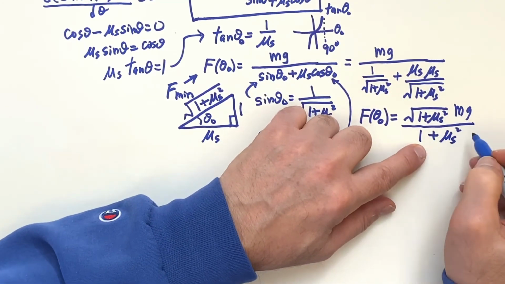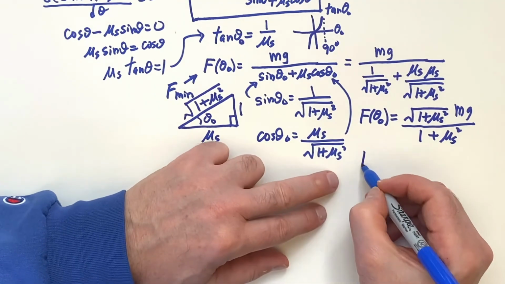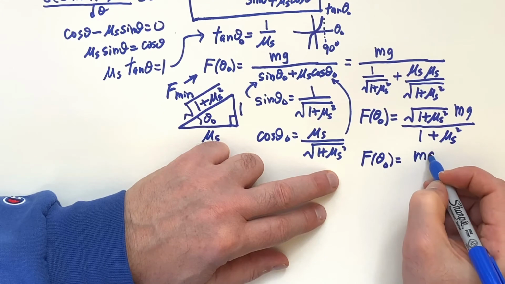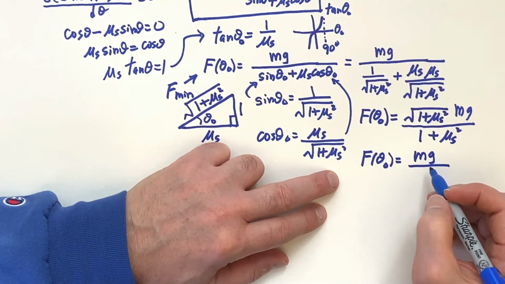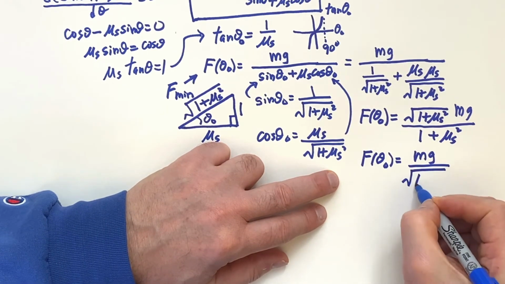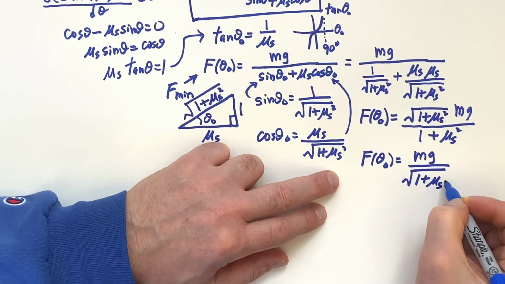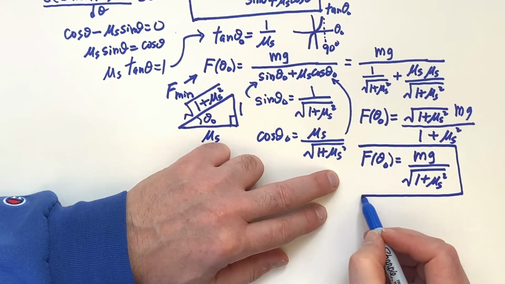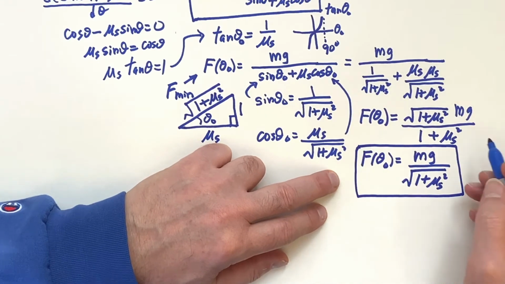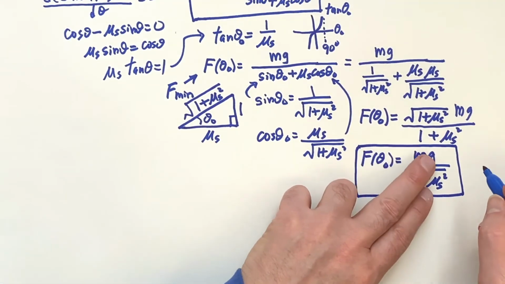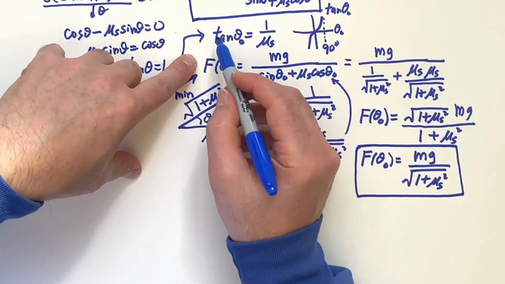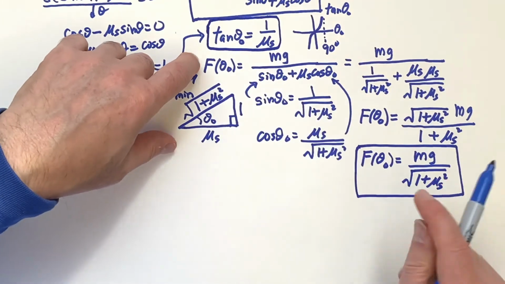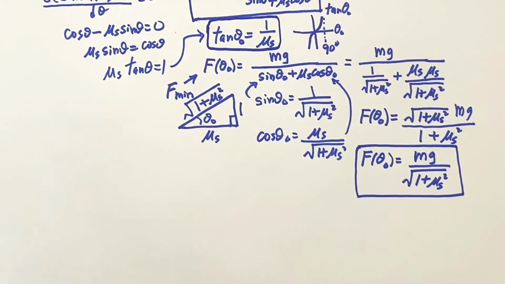That's neat, because now we can see there's a further simplification. We get mg over the square root of 1 plus mu s squared. I think that's a cool way of doing it. So that's a key equation. And then the other key equation would be this one here. These would be the two key equations.